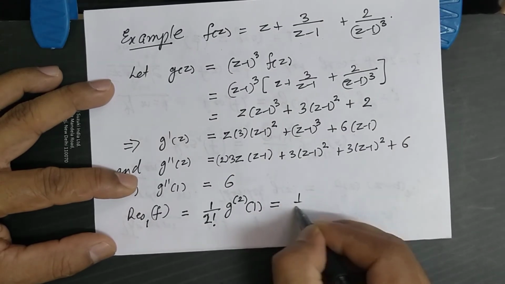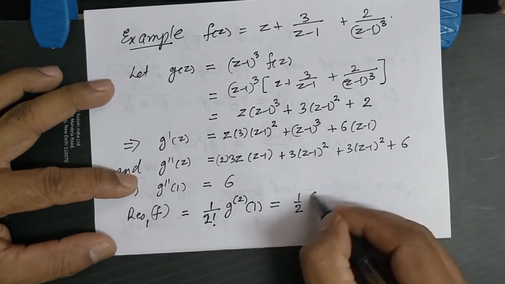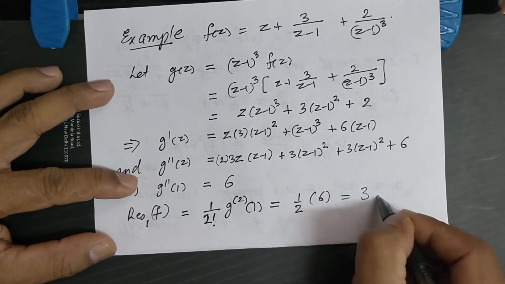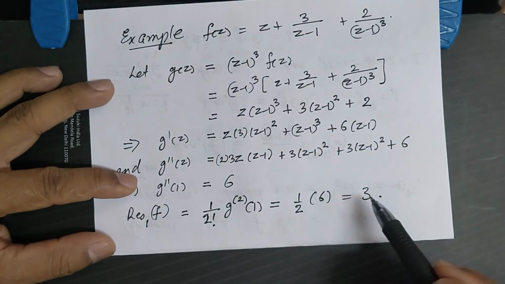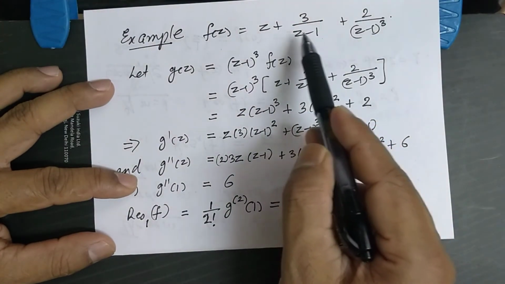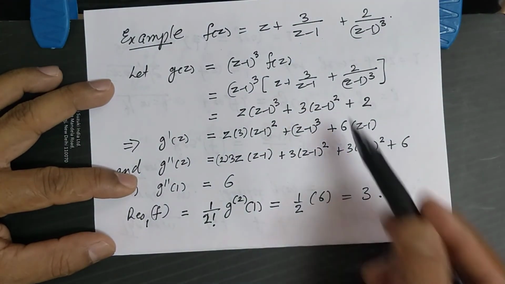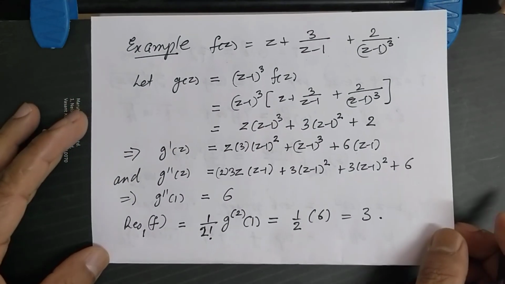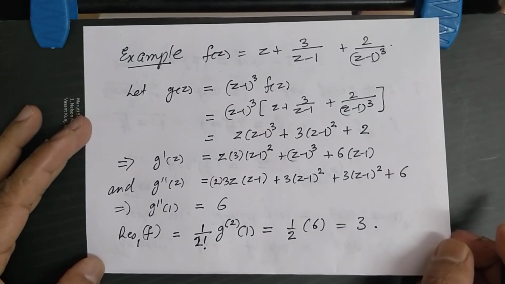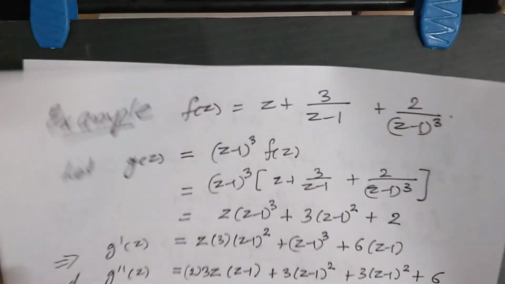This is equal to 1 upon 2 times g dash dash of 1, which is 6, and therefore the answer is 3, and that is what you expected. The coefficient of z minus 1 raised to minus 1 is the residue, and it comes out to be the same. Now, coming to the residue theorem.